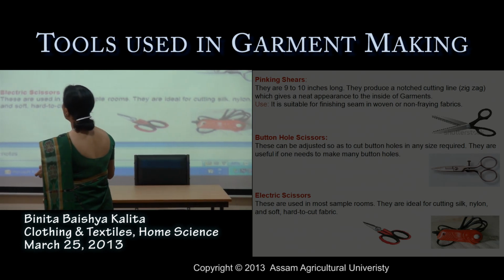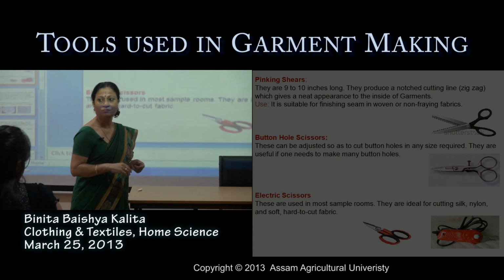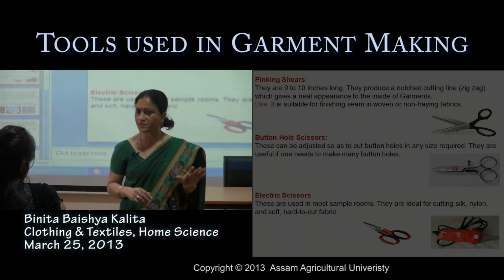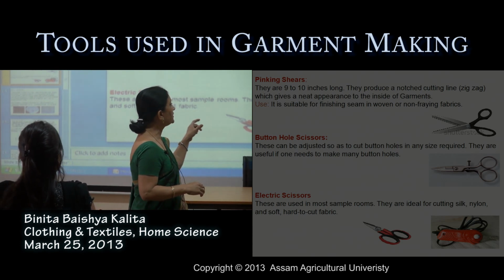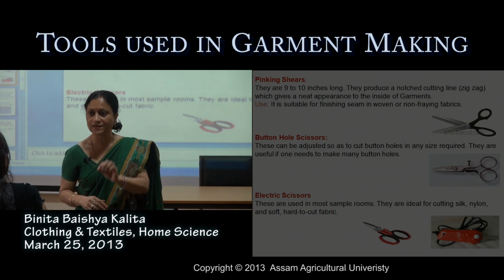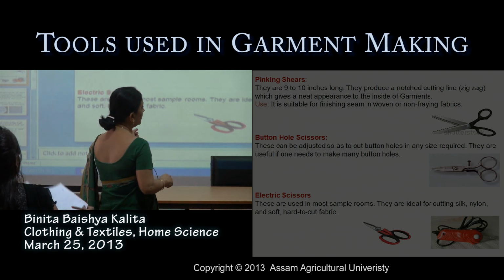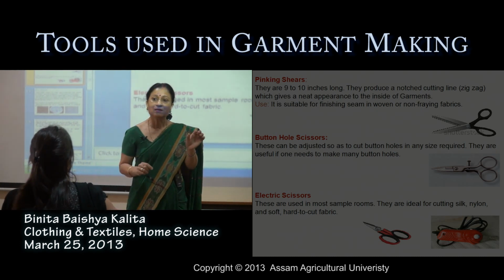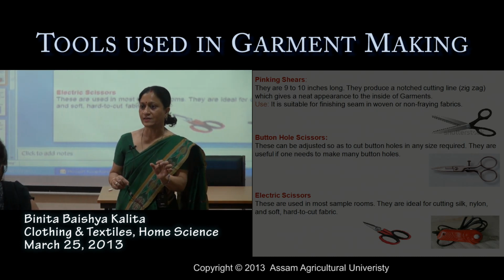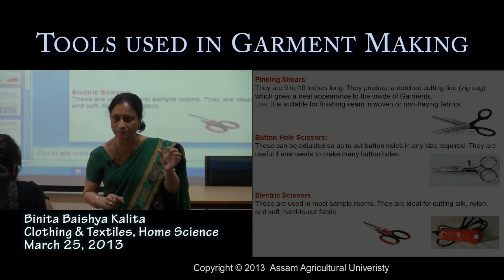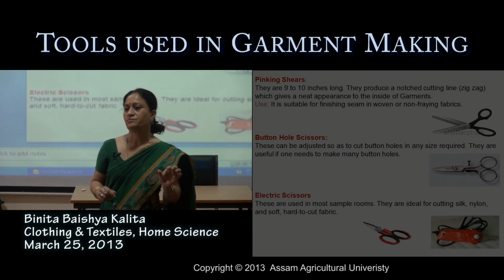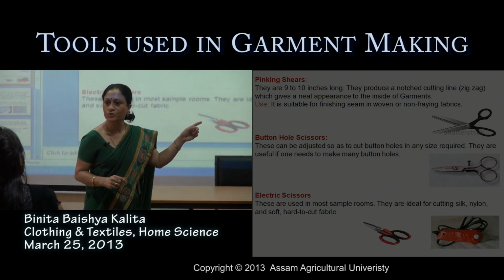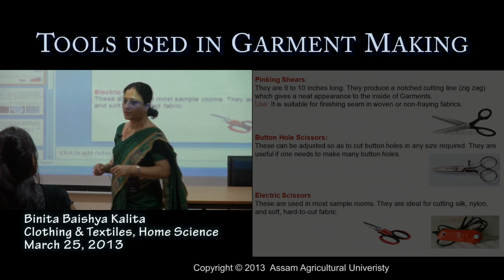To make the buttonhole, we have a special type of scissor, the buttonhole scissor, which has a slider. With the help of the slider, you can adjust the width of the cutting area according to the size of the button, and cut the area of the buttonhole.